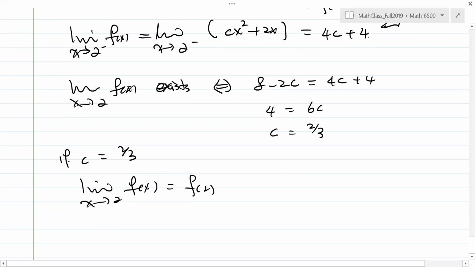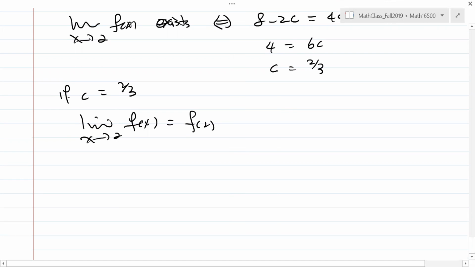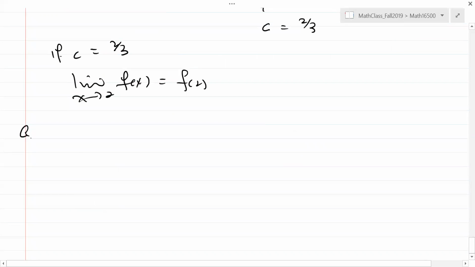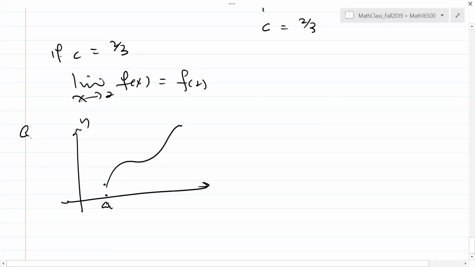Now, why do we want to study continuous functions? Continuous function means, roughly speaking, the graph is not broken. Okay, for a continuous function, the graph is not broken. So here's a function, and this is a and b, the closed interval.